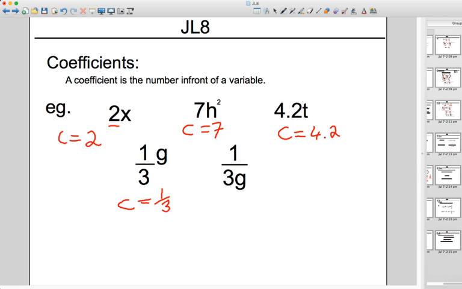And 3 over g, now this is a bit more tricky. What you've got there is a reciprocal of g, and 3 as well.